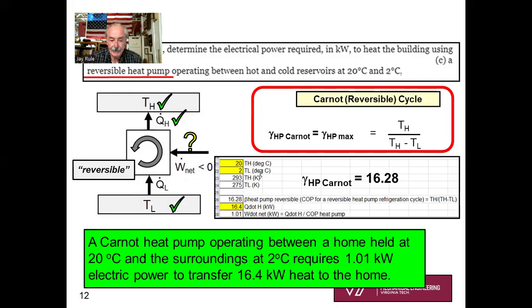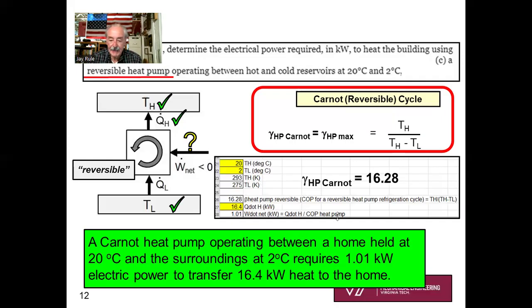And so here's my math. I wrote down my 2 temperatures, and I remembered to transform them into absolute temperature. Add 273. Everybody knows how to do that. And then you crank through your calculator to get that the coefficient of performance for the Carnot heat pump is 16.28. Wow.